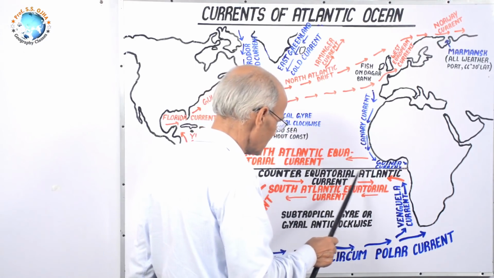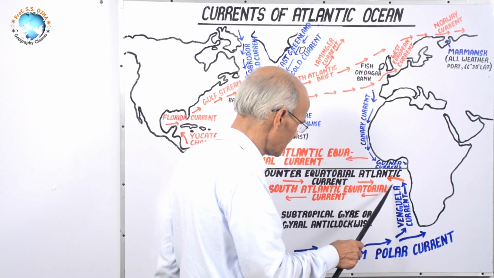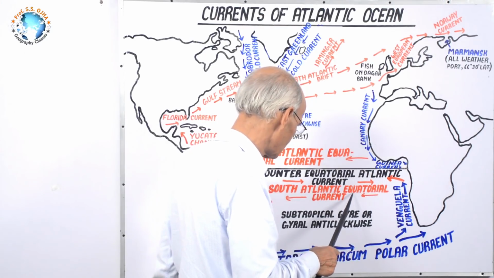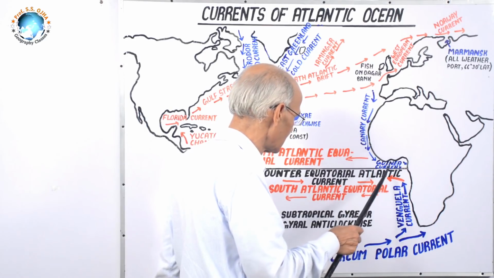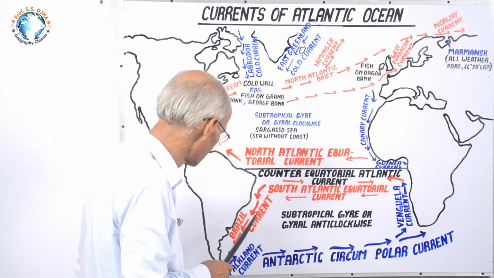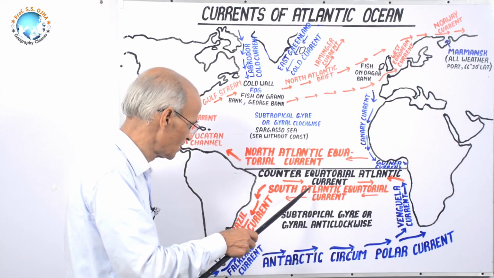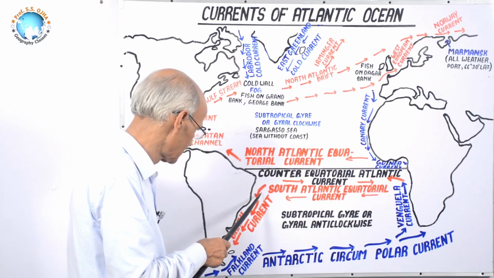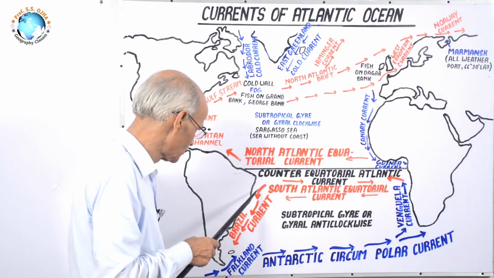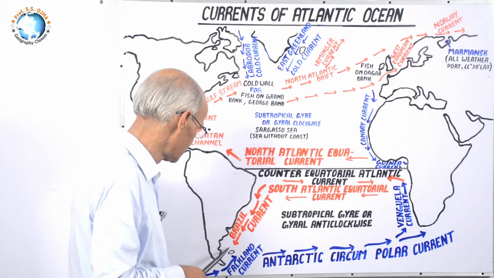And this is a warm water current which joins here the south equatorial Atlantic current and then Guinea and north equatorial Atlantic current. The southern branch of this south equatorial Atlantic current flows along the coast of Brazil and Argentina, which is called the Brazil current.